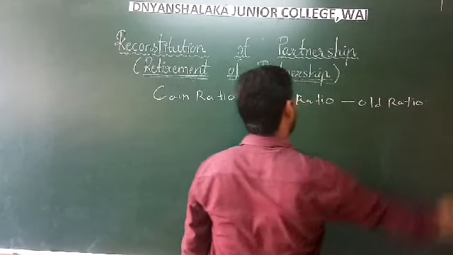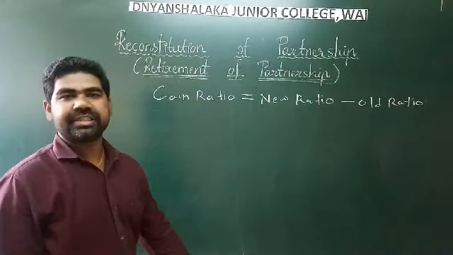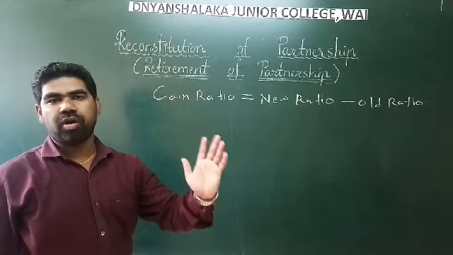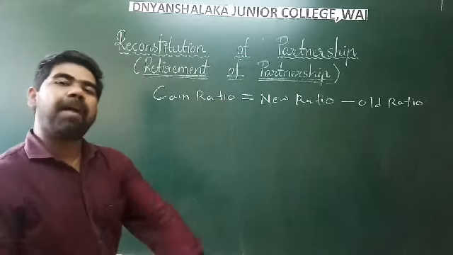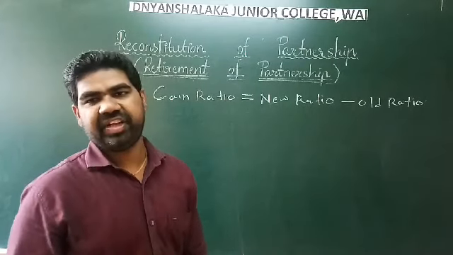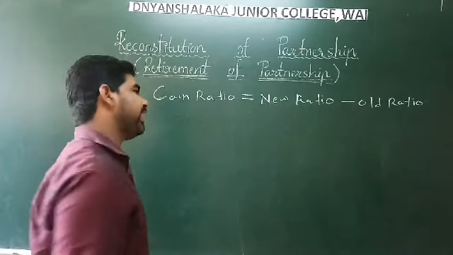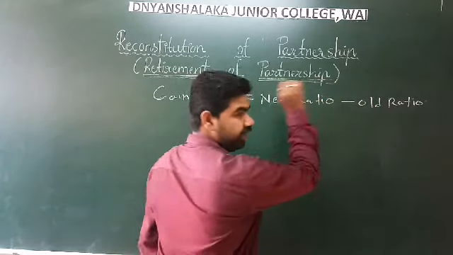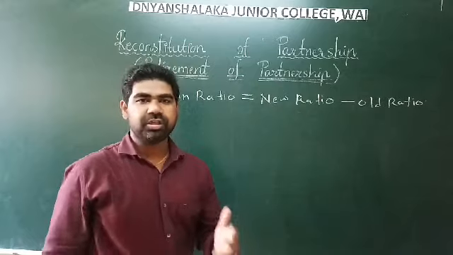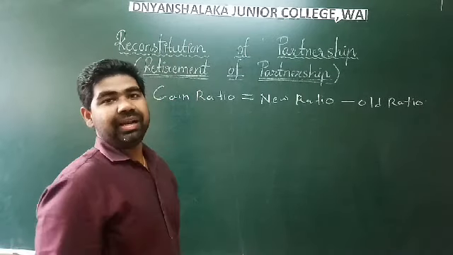Okay, what is the formula to calculate the gain ratio? Gain ratio is equal to new ratio minus old ratio. So the formula of calculation of gain ratio is totally opposite to the formula of your sacrifice ratio. What is the formula for sacrifice ratio? Sacrifice ratio is equal to old ratio minus new ratio. Okay, so it is just opposite to the formula of your sacrifice ratio.